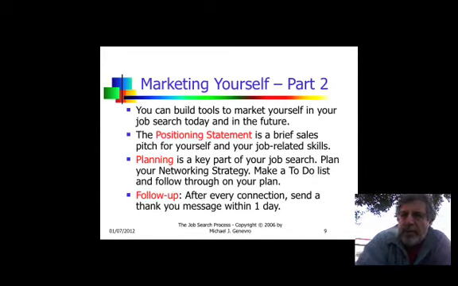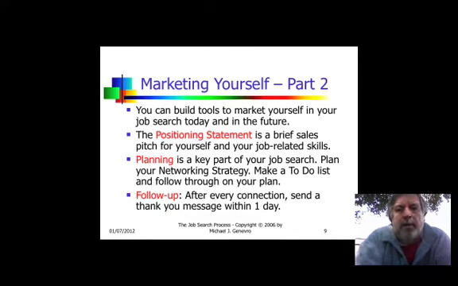So a positioning statement is a short introduction to yourself, your professional background, and your professional interests. And again, you write it down and practice it over and over again. In the full course and other modules, I'll go into a lot more detail about what a positioning statement is.